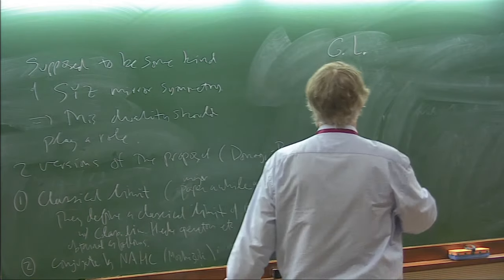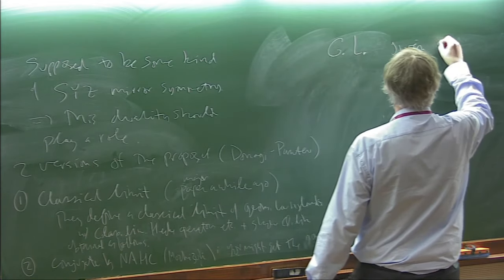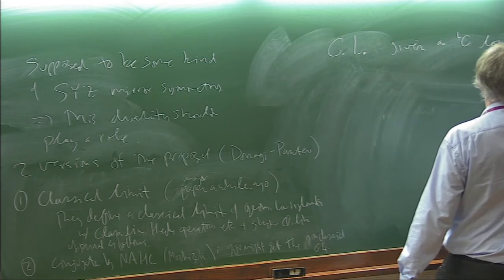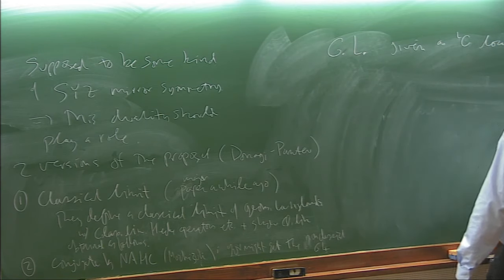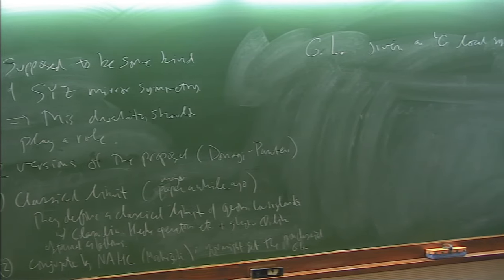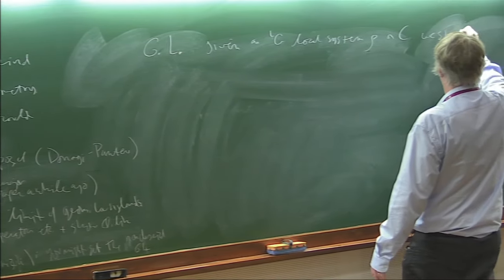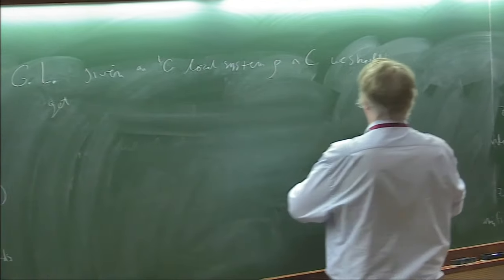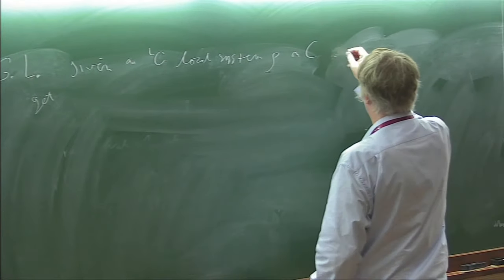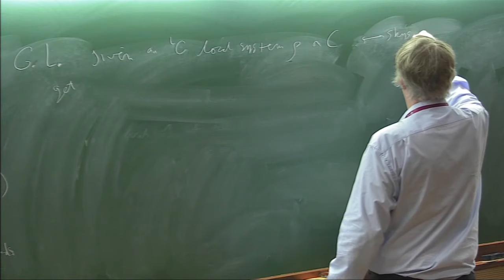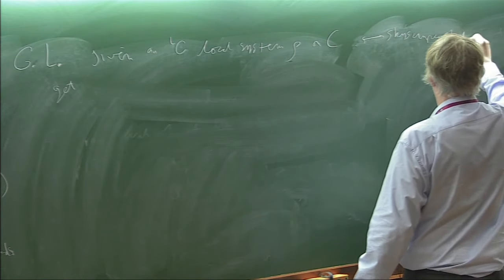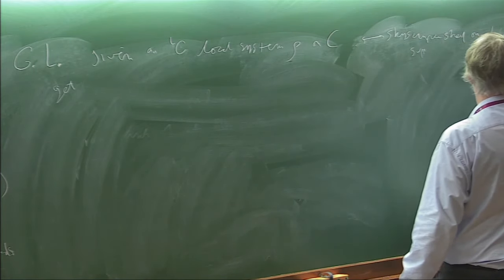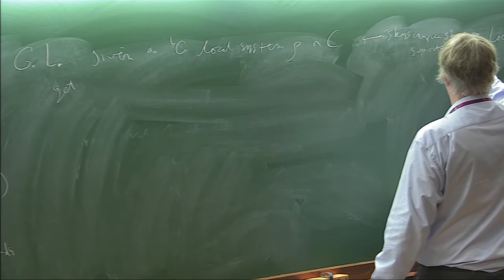It says that given an LG local system, let's call it rho, think of a representation on C, we should get, and for the aficionados, this really means the skyscraper sheaf on the moduli space Loc_LG supported at rho.